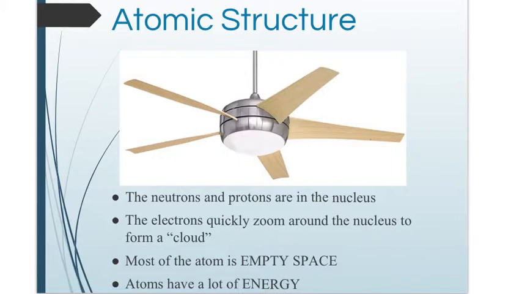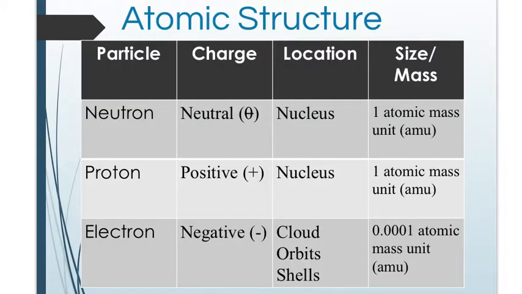It's just within that cloud circling around the nucleus. There's a lot of empty space inside an atom. And what's keeping those electrons from flying off is their attraction to the protons in the nucleus. But still, there's a lot of energy happening for the atom as a whole, as well as the electrons.